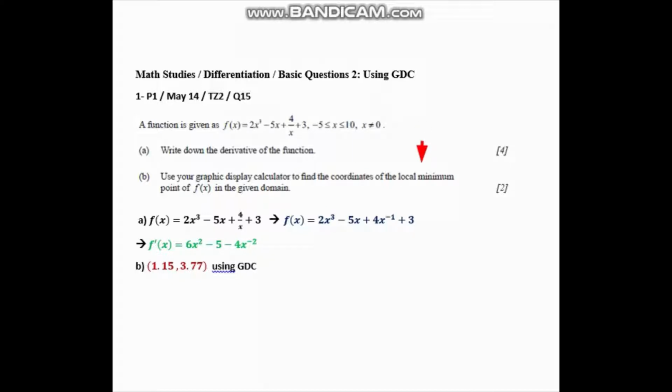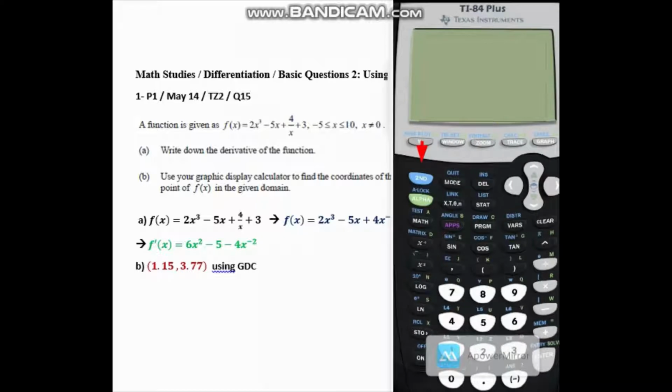So first I shall type this function on the GDC. I shall do that by accessing y equals, writing down the equation, and clicking on the trace button.